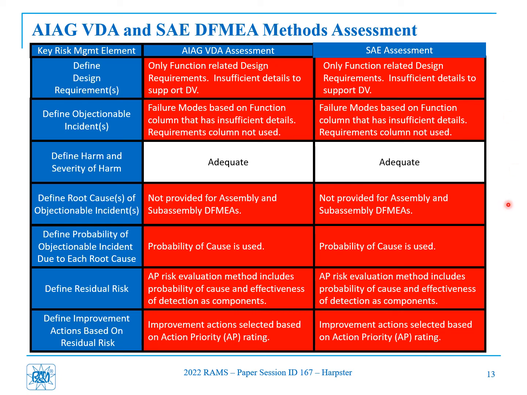When it comes to the cause column of the design FMEA, what we find when we look at AIAG-VDA and SAE DFMEA methods is that whenever the design FMEA is a subassembly or an assembly, the failure cause is always in the form of another failure mode. As an example, when you have an assembly design FMEA, the failure mode is some form of subassembly failure.